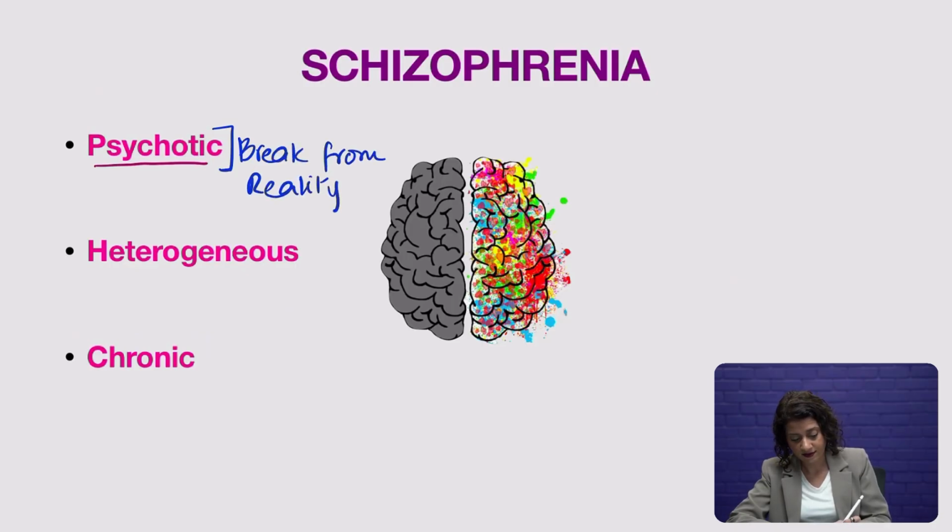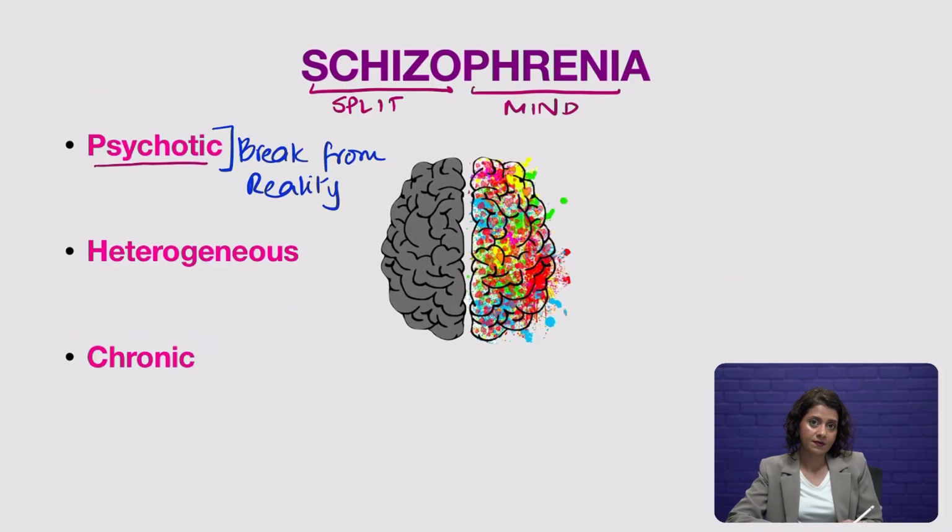And in fact, if you look at the word schizophrenia itself, you will see schizo actually stands for split and phrenia represents mind. So schizophrenia is a disorder which represents a complete disconnect or break from reality, which is why it is called a psychotic disorder, classified within the range of psychotic disorders in clinical psychology.